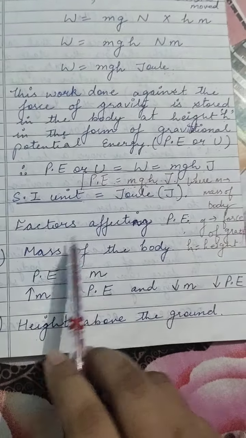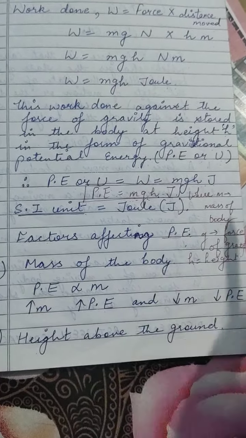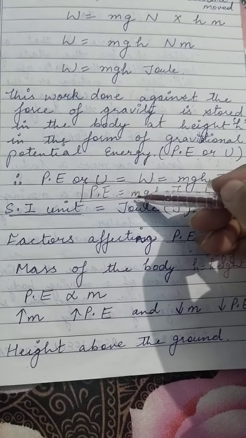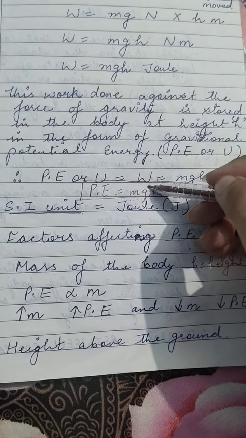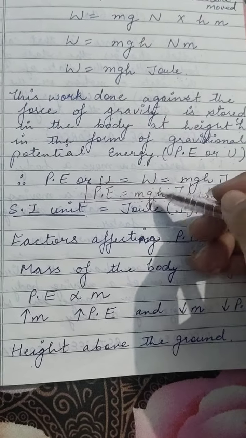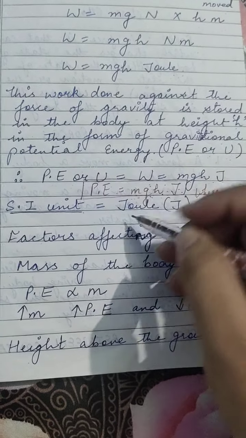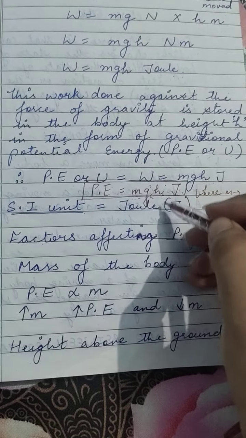So now we are going to discuss the factors affecting the gravitational potential energy. Whichever body is there, the force of gravity will act the same only. So we have two factors, mass and height.